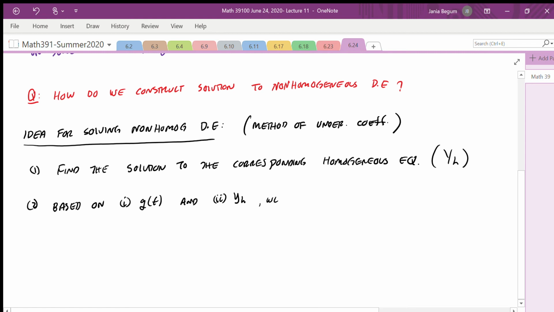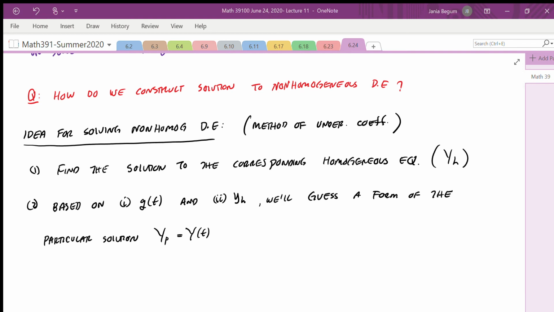We will guess a form of the particular solution, which we're going to call yp. In our textbook or on WebWork, it's called big Y of t. But I like to use y sub p because it's a particular solution, so the notation is very useful.